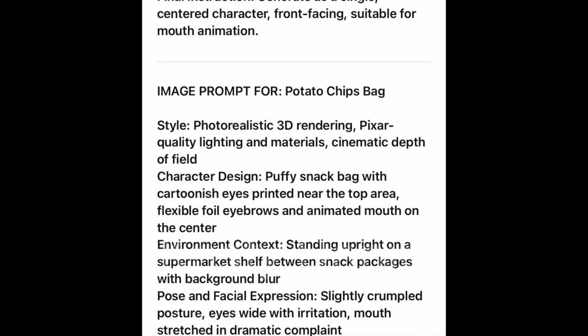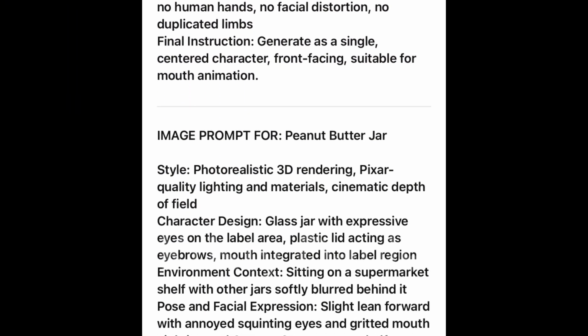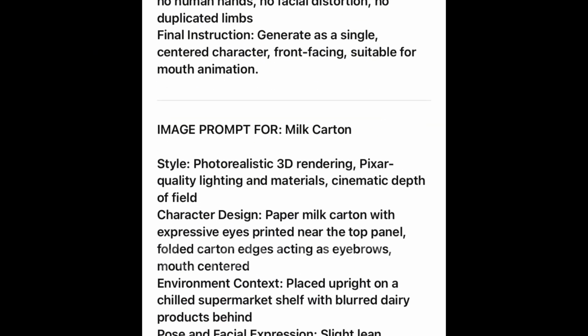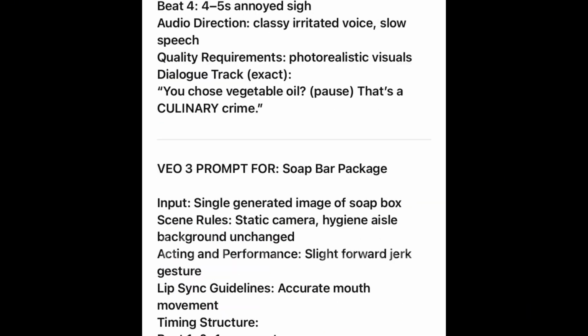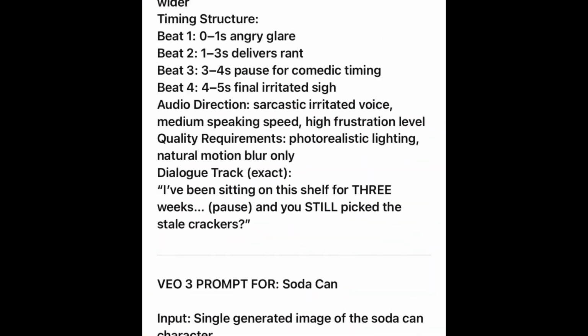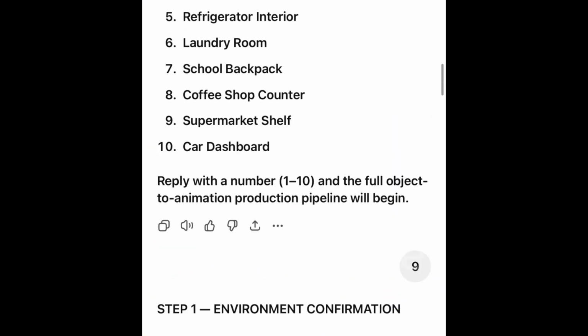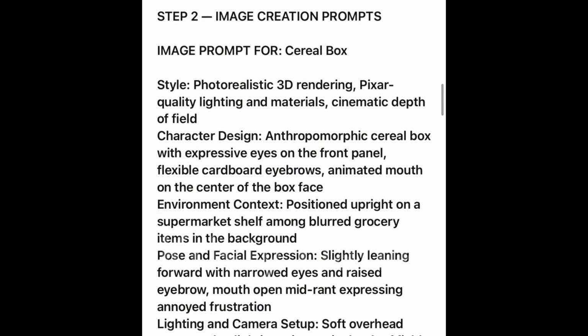Now look at the detailed prompt for all the characters that we're going to animate. So we have the image prompt and we also have the video prompt. Here you see the VO3 prompt for the various characters we're going to animate. Now that we're done with the prompt, we're going to move to the next step, which is to copy the prompt for the first character, which is the cereal box.